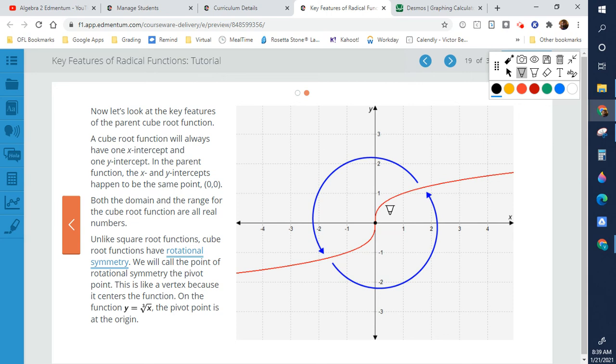So if you have this 3, it's going to be 3 cubic root of 3. Then over here at -3, you have a -3 cubic root of 3. I think that's what they're trying to say with this.